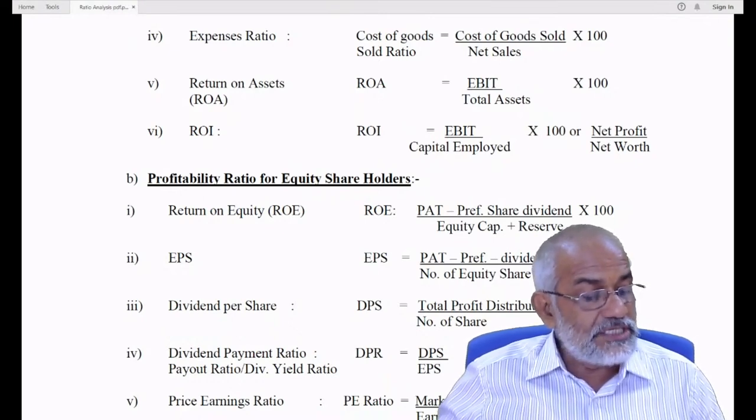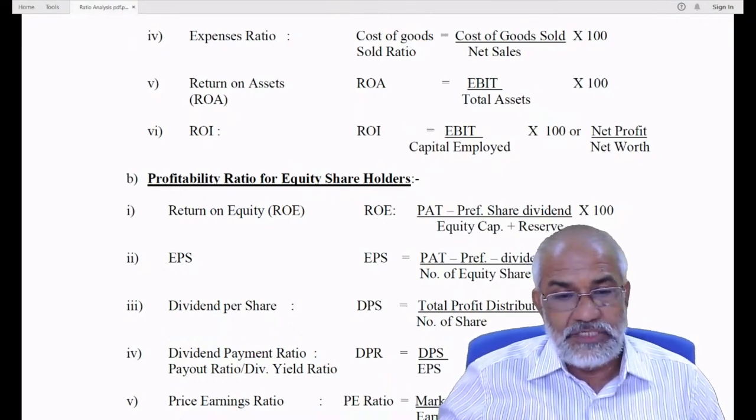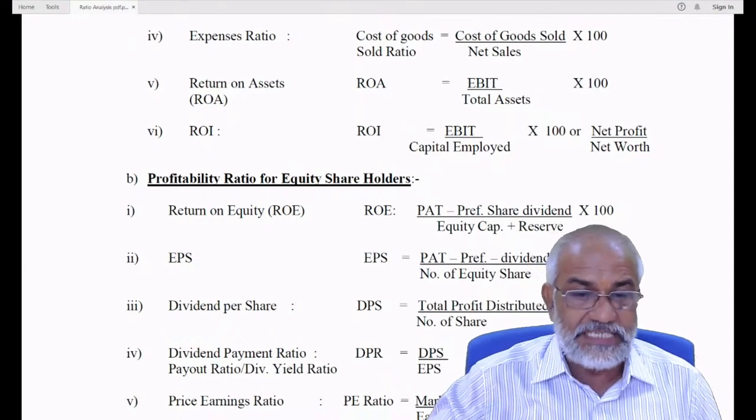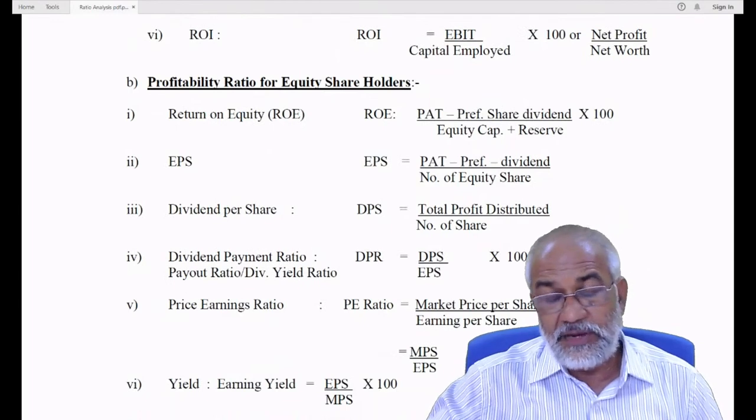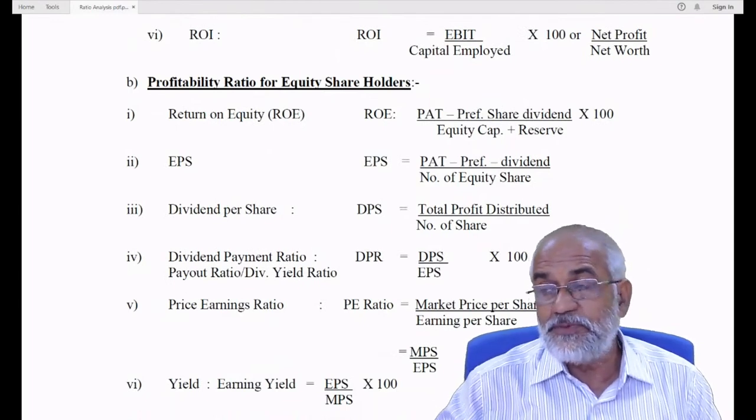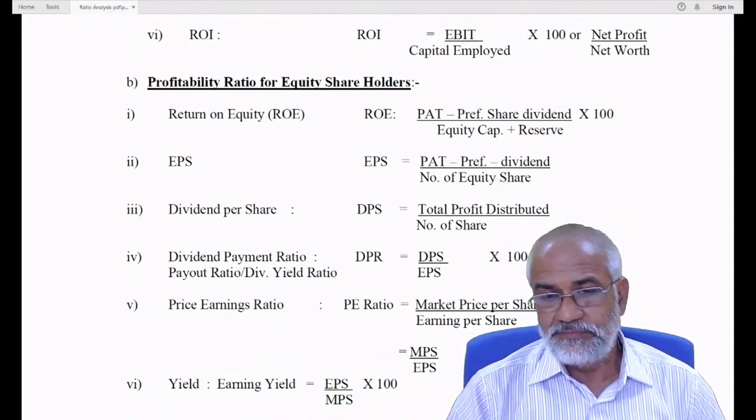After the dividend payout ratio, we need to calculate the price earning ratio, which is another important ratio, the P/E ratio. For its calculation, the market price per share plays an important role.